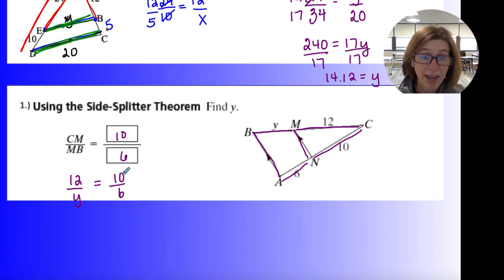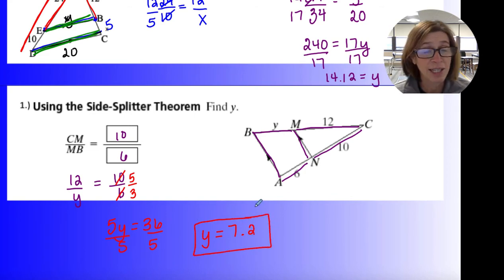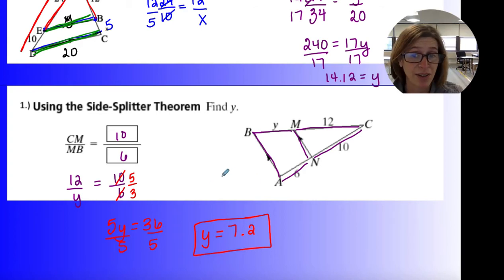We simplify the ratios we can, so that would give me 5 over 3, and then we would do the cross products, so 5y equals 36, and then divide by 5, so y equals 7.2. So it's actually a nice way. This is one where you don't have to actually find the scale factor. You're just directly writing the proportion. Again, the side splitter theorem.